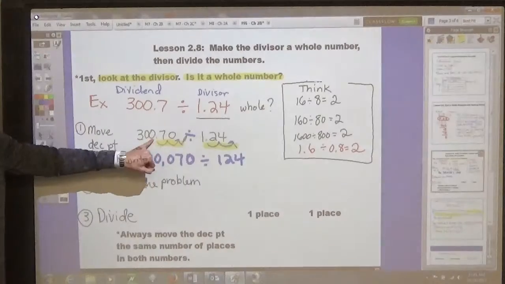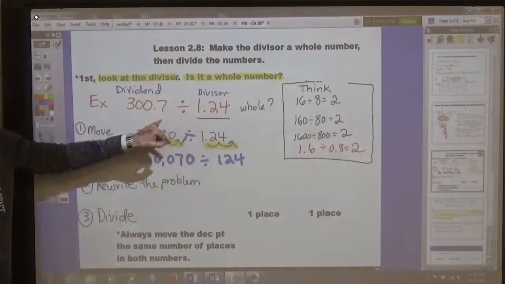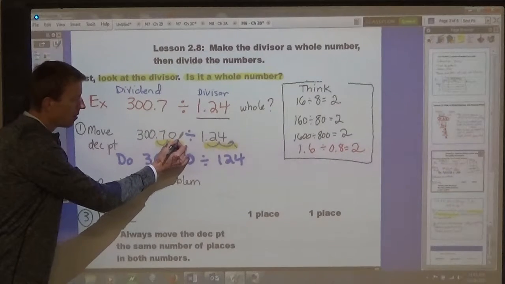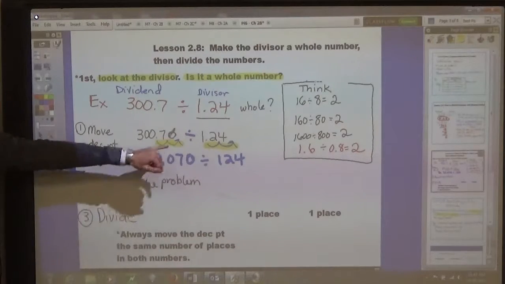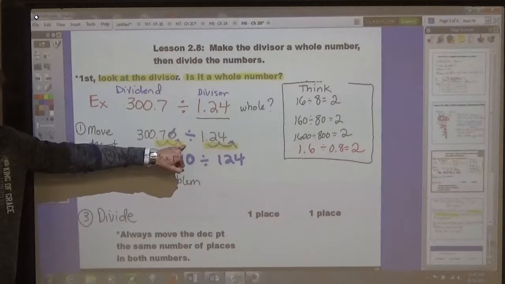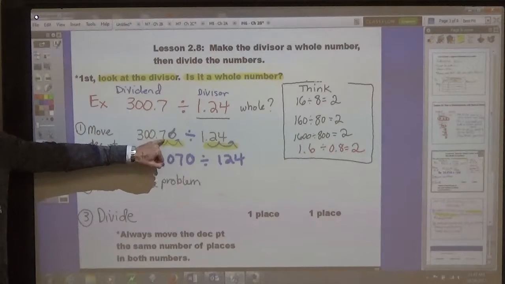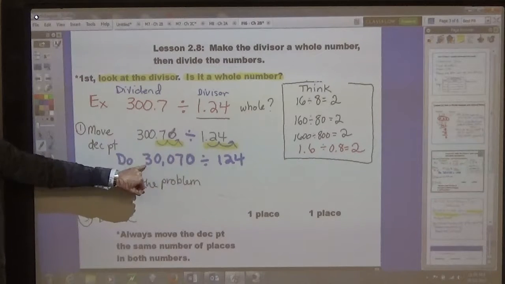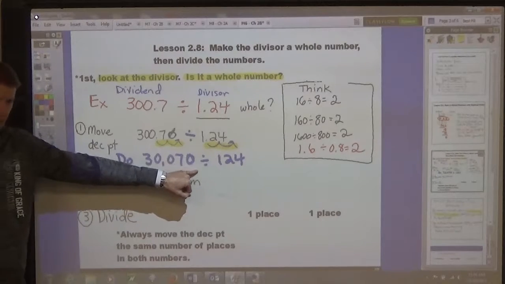So from 300.70 or 300.7, you have to move it two places, and we're going to have to put a 0 there because the decimal point is one place beyond the 7. So 300.7 becomes 30,070.